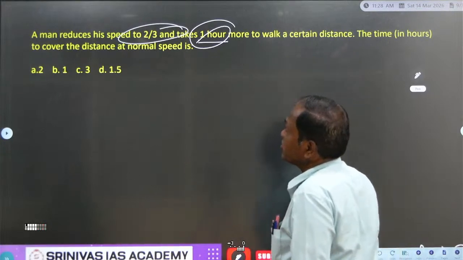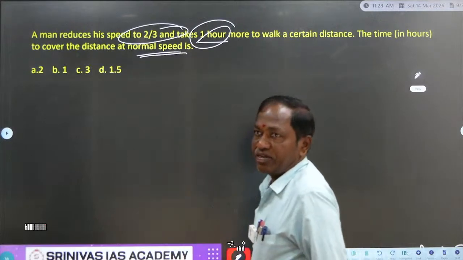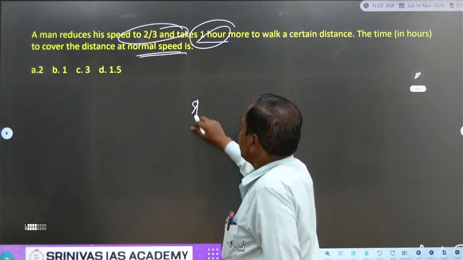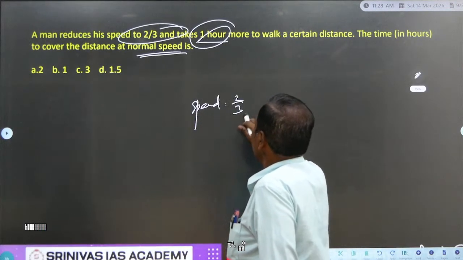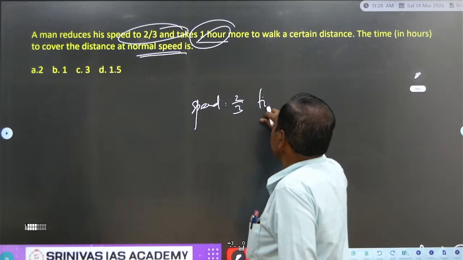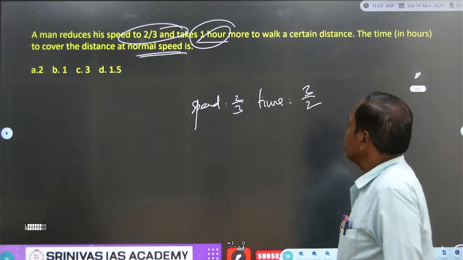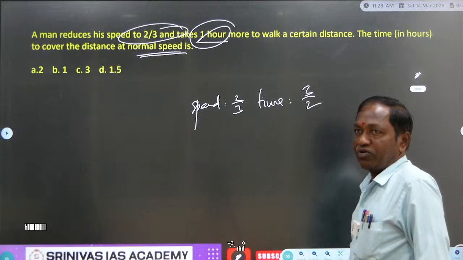The time in hours to cover the distance at normal speed. What is the normal speed? Again, same only. So, his speed is 2 by 3. Speed is 2 by 3, so the time taken is 3 by 2. Right. 3 by 2. And time taken is what? 1 hour more.